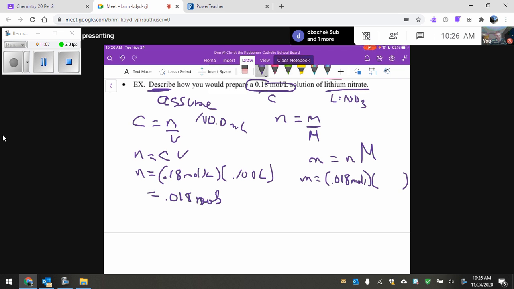So molar mass, let's see, lithium. I don't do enough lithium apparently. What is it? 6.94. 1 nitrogen, so 14.01. And 3 oxygens, I guess, 68.95. We'll just wait here.